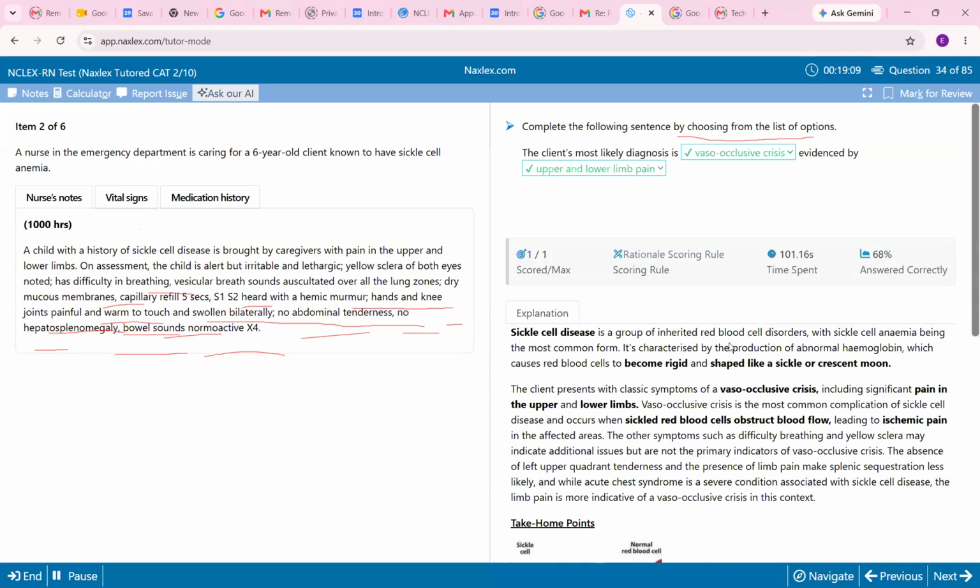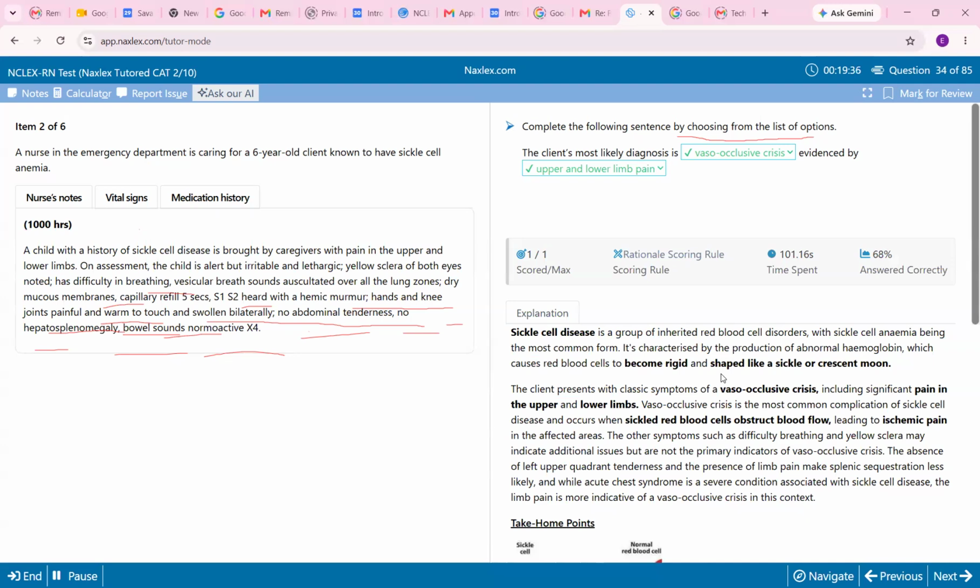Yes, that is the correct answer, because we know that sickle cell anemia, or sickle disease, is an inherited blood disease, and when the sickled RBC is blocking the blood vessel, it can lead to vaso-occlusive crisis. That affects the blood flow through the blood vessel and the perfusion.